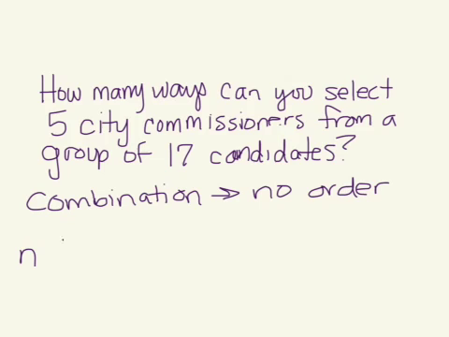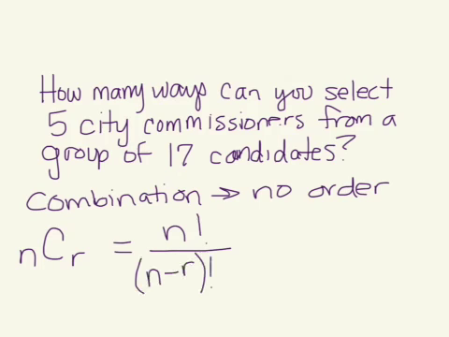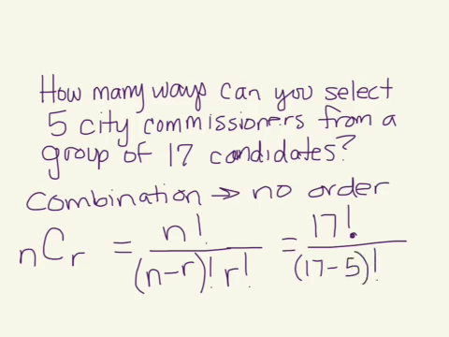So your formula for n choose r is n factorial, your total amount of candidates, divided by n minus r factorial times r factorial. So there are 17 candidates to choose from, so that's 17 factorial. You have 17 minus r, and r is how many you're selecting, which is 5 factorial.